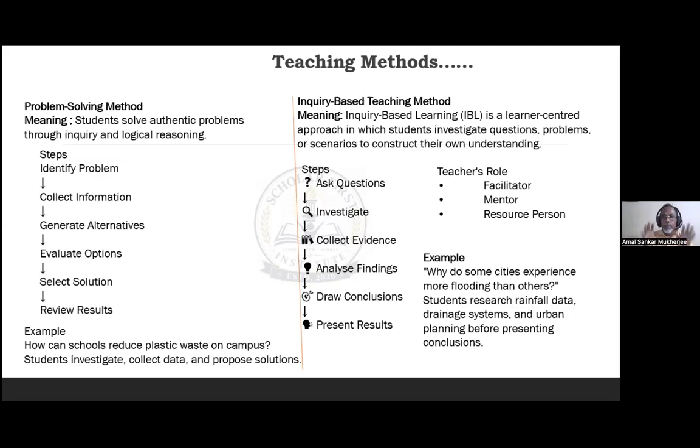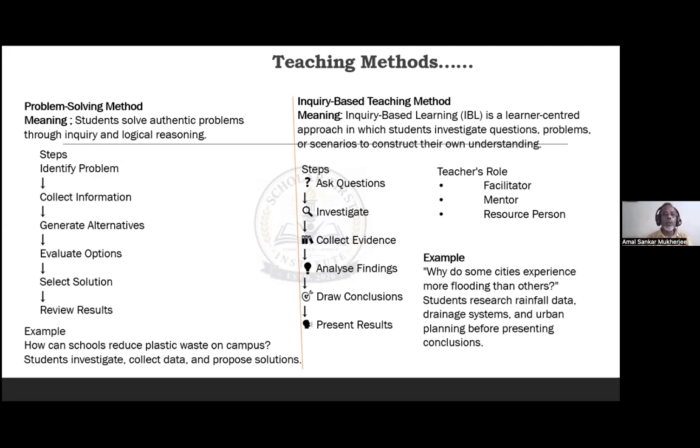So different probable solutions may come from the different students, and those are presented to the teacher. The teacher will analyze the different solutions and generate the ultimate and effective solutions for the problem. That is the problem solving method.